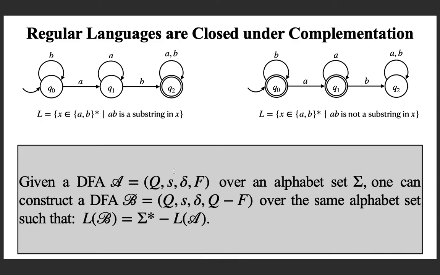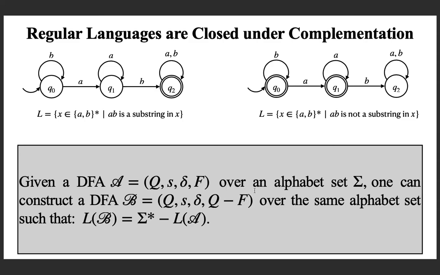Given a DFA A = (Q, s, δ, F) over an alphabet set Σ like {a, b}, note that for a DFA there is only one start state, that is small s. One can now construct the DFA B from A such that B has the same set of states, the same start state, and the same set of transitions. The only difference is the set of final states.